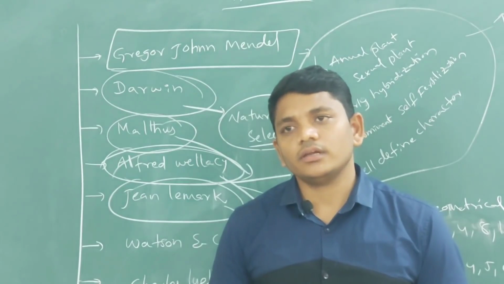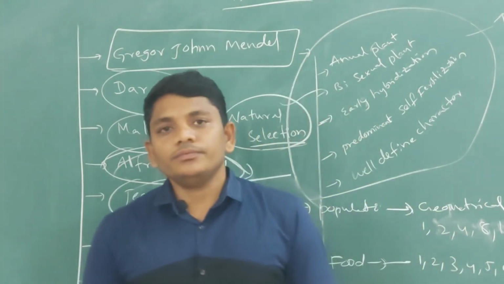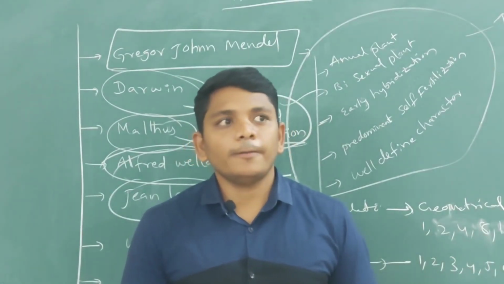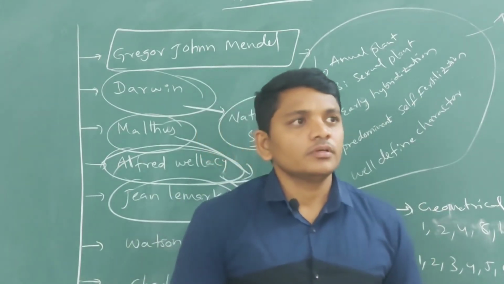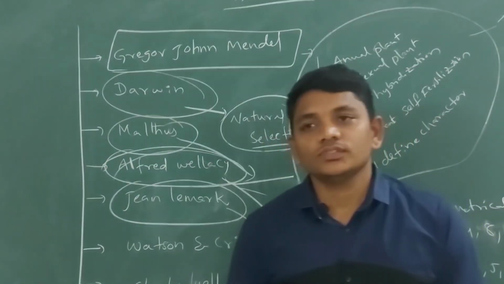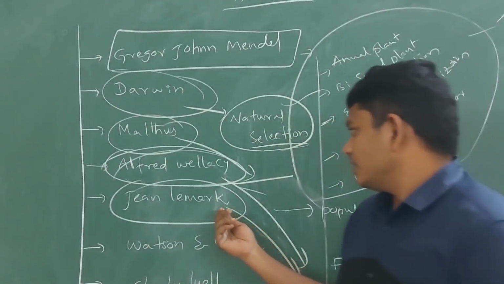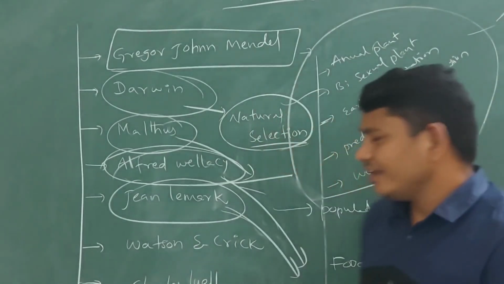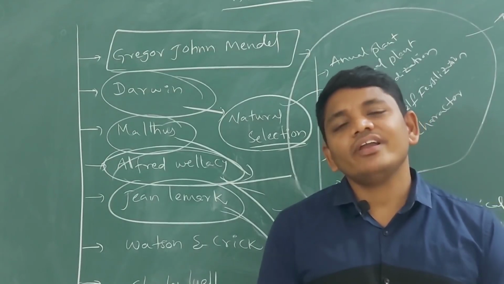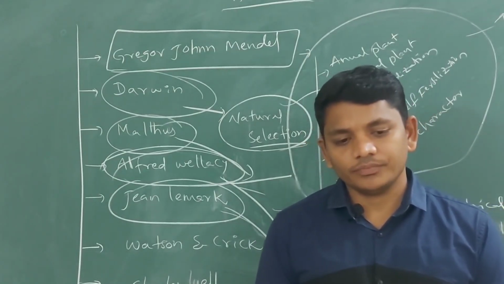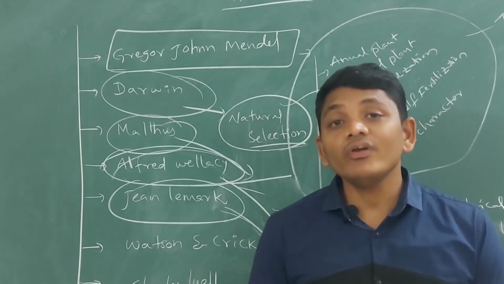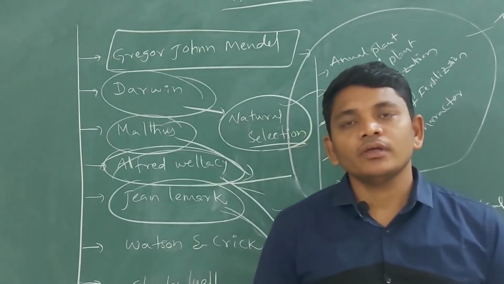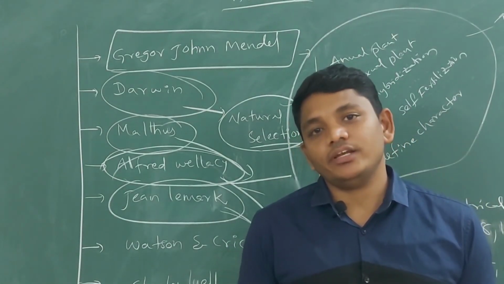What is inheritance of characters? Jean Baptiste Lamarck said the theory called inheritance of acquired characters, in which the characters which we want, we can prepare, we can synthesize, we can develop, which means we can develop whichever character we need.